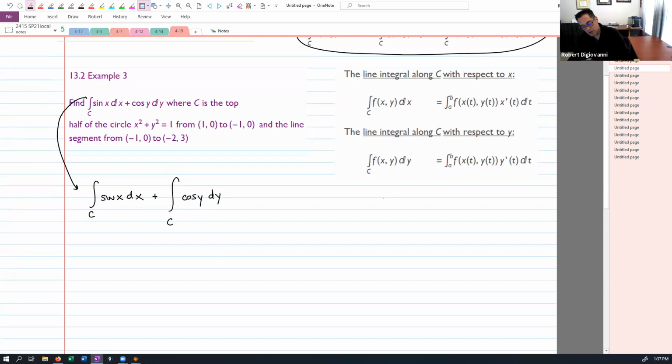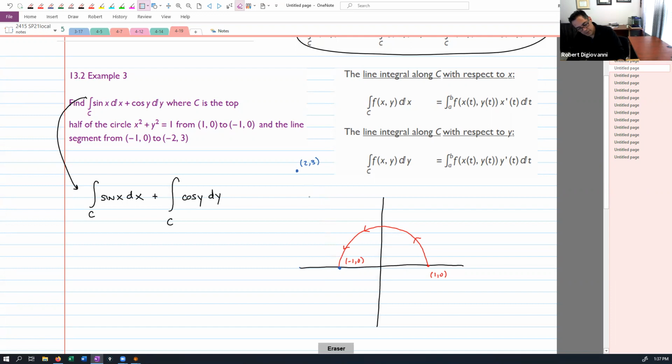So let me try and draw C now. So C is the unit circle top half. Starts here at 1, 0, ends here at -1, 0. So we're going to move along this path like this. And then once we get there, we need to go from -1, 0 to -2, 3. 1, 2, 3, way up here. 2, 3.